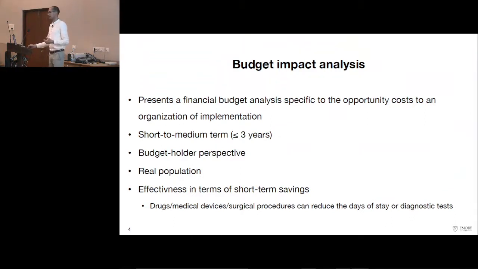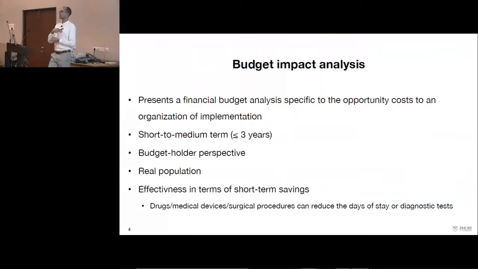So budget impact analysis, after the cost effectiveness is already established, focuses only on the dollar amount or rupee amount, the financial amount. And it's an analysis specific to the opportunity cost, and also to the limits of the budget of the payer.